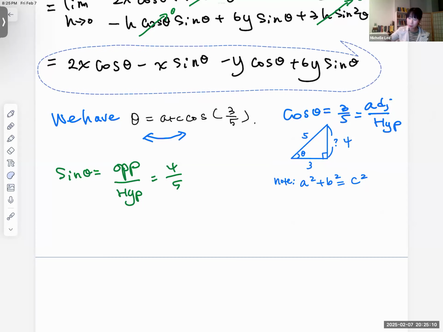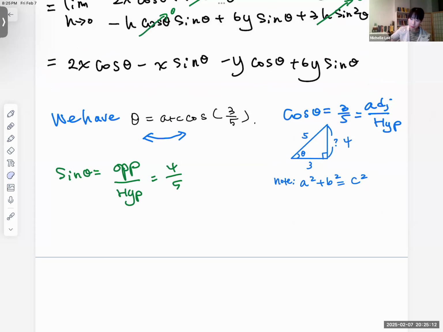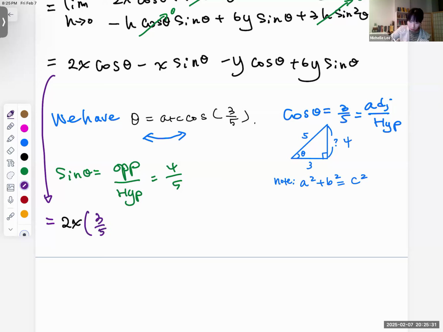So that will be, oh, let me just write down this way. Just this way, yeah? So equal to 2x and cosine theta, which is 3/5. Cosine, yeah. So how about that?